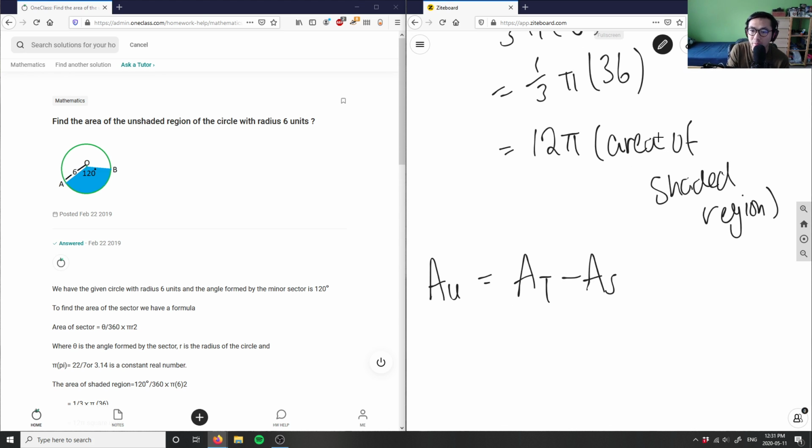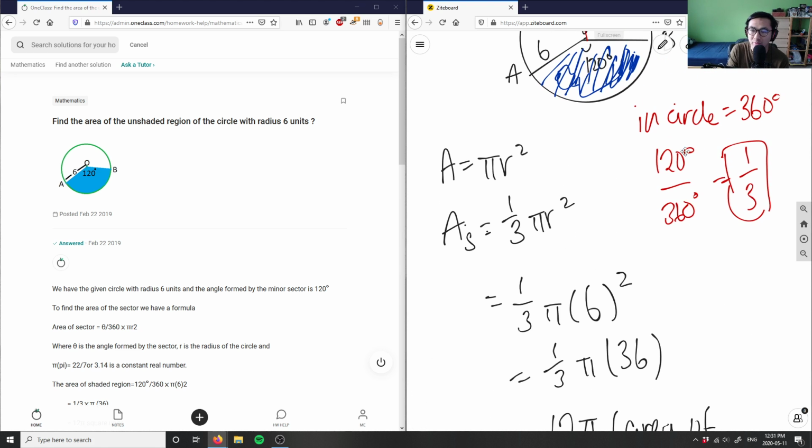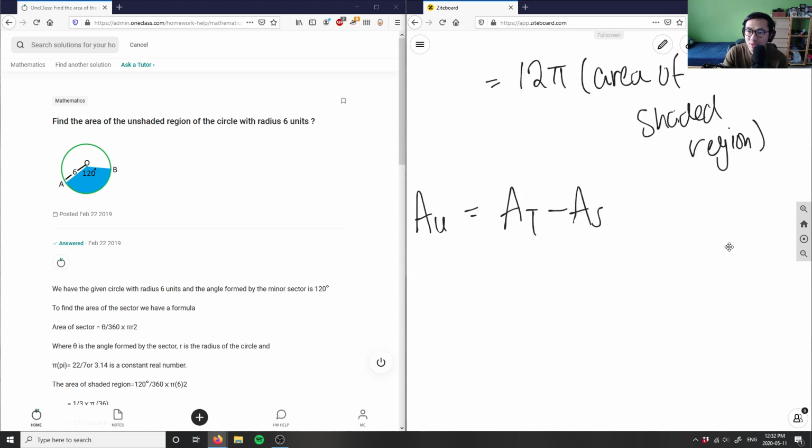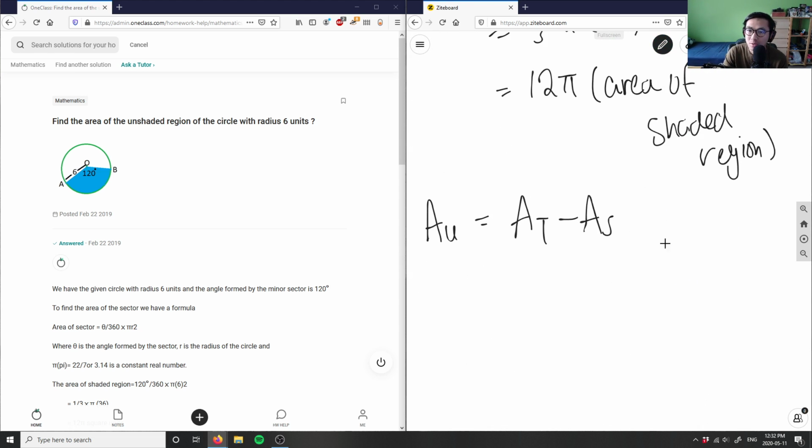And I know the total area is simply pi r squared if it was the entire circle. So let me just do some side work here. The area of the entire circle is A equals pi r squared, pi times 6 squared, which is simply 36 pi. So I can simply subtract 12 pi from 36 pi to get to my answer.